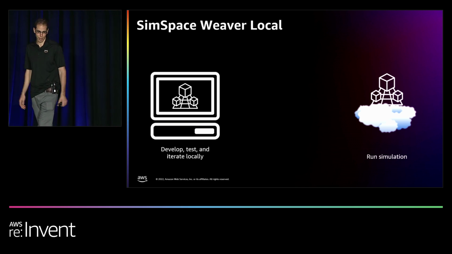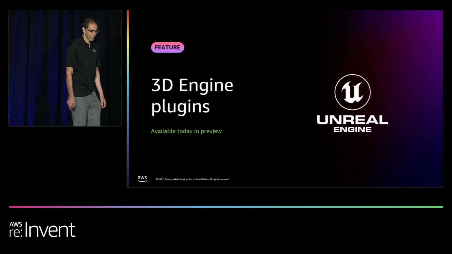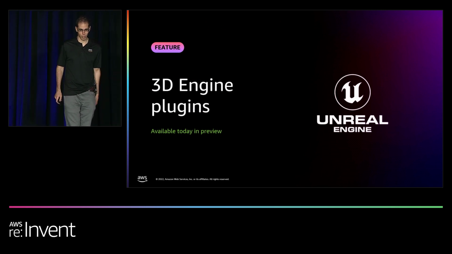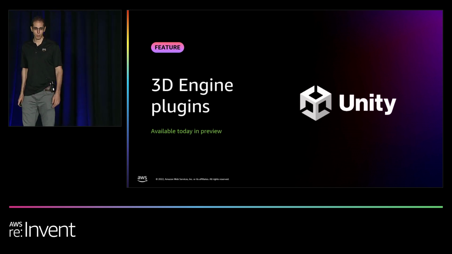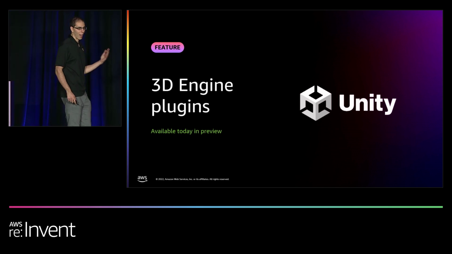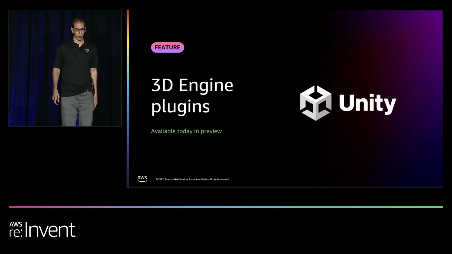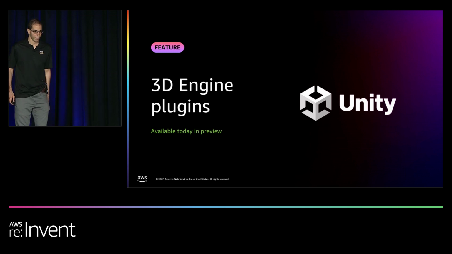That's why today I'm also very excited to announce our 3D Engine plugins with Unreal Engine and also with Unity. These plugins make it possible for anyone to get started building SimSpace Weaver simulations with either engine right away. And we have samples with each engine available in preview starting today.